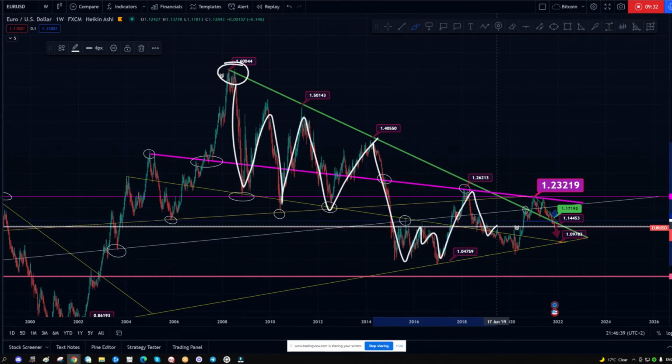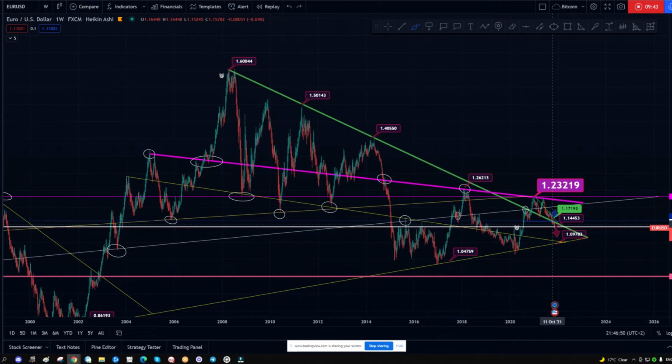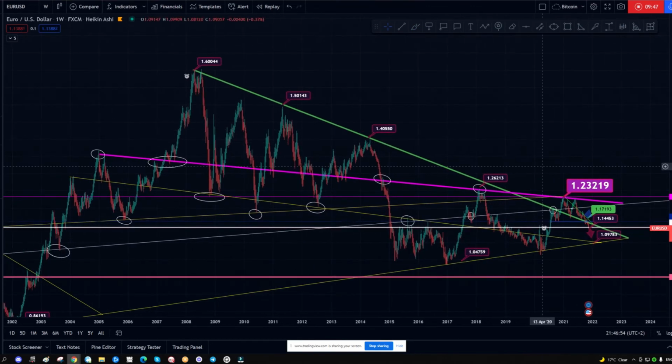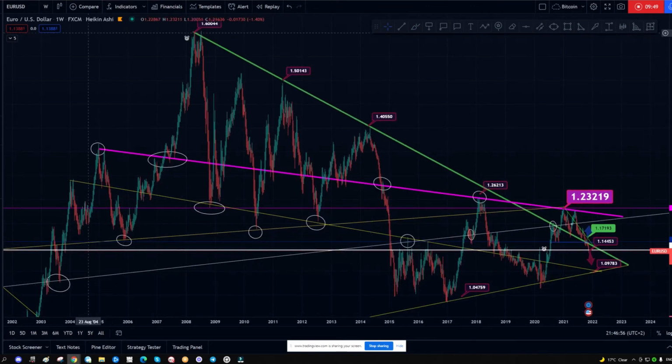Okay, so yes, one can never be sure, but if you use technical analysis and if you do understand the fundamentals, then things start being a lot more simple because you are able to make a better judgment.